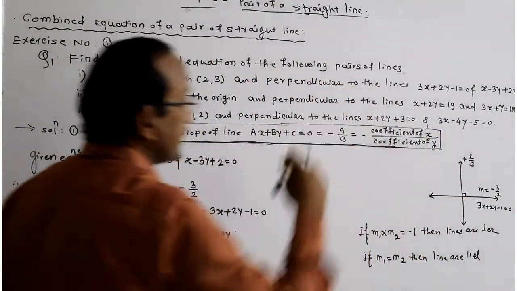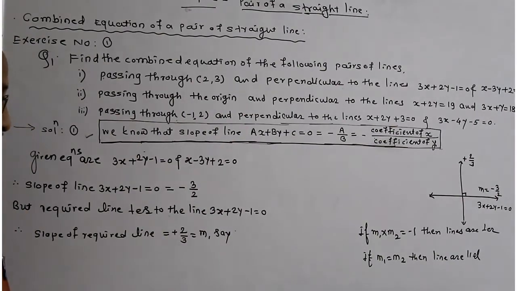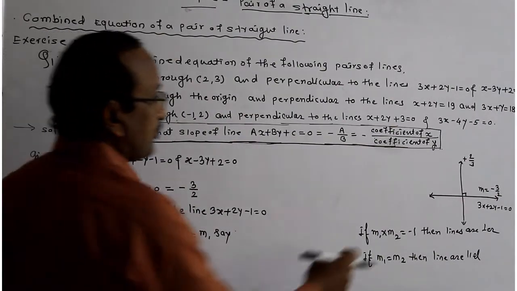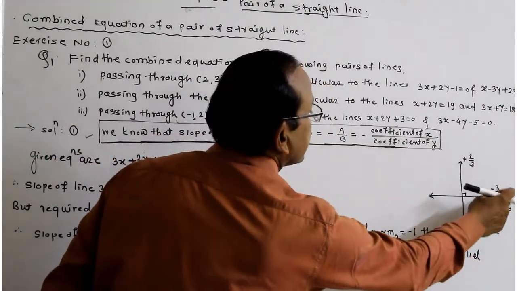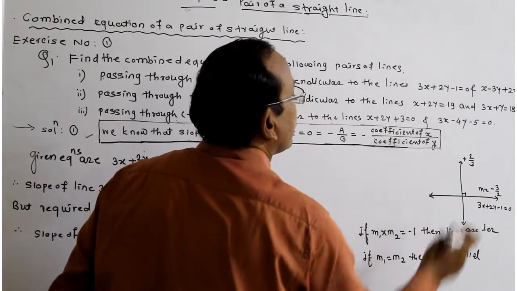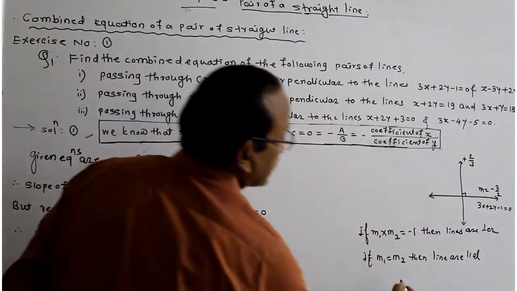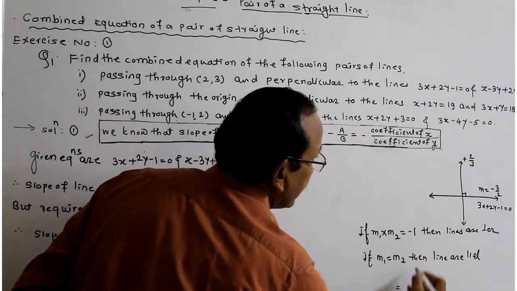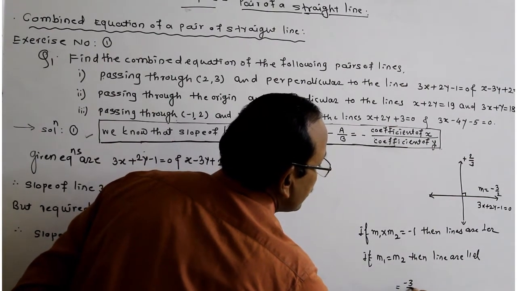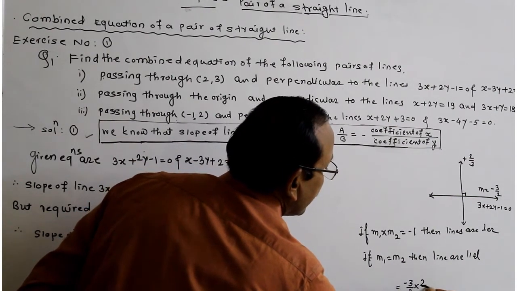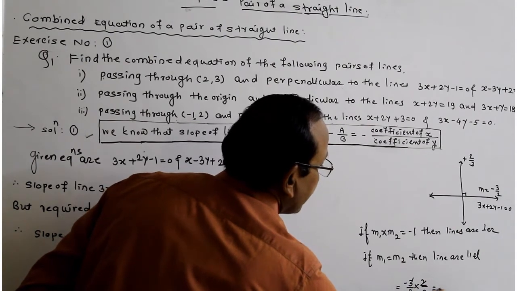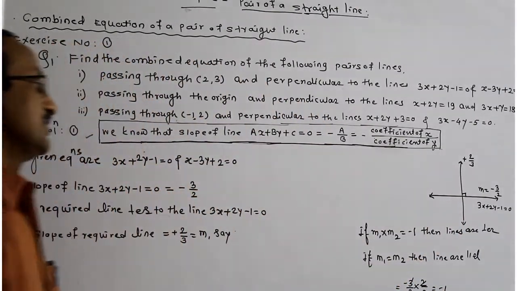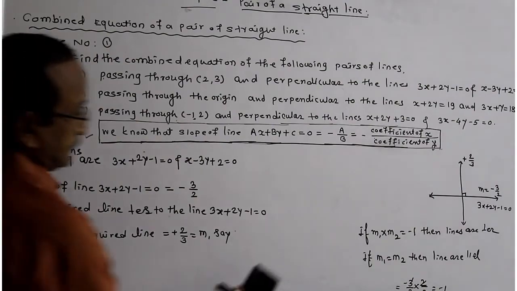But here in this example, the lines are perpendicular to each other. So the slope of this line is minus 3 by 2 and the slope of the other is 2 by 3. Verify it: minus 3 by 2 into 2 by 3, the 3 and 2 cancel, it is minus 1. So definitely the lines are perpendicular to each other.